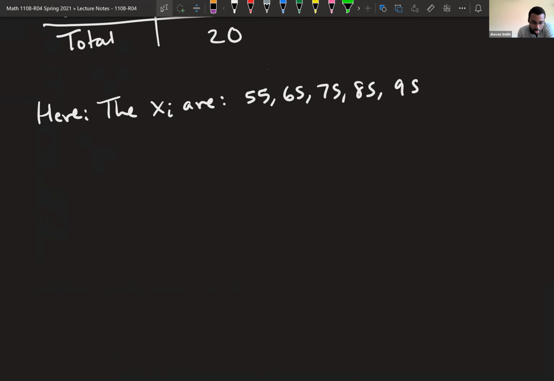So this would mean that the mean would be, well, technically approximately, because I'm not calculating the actual mean.